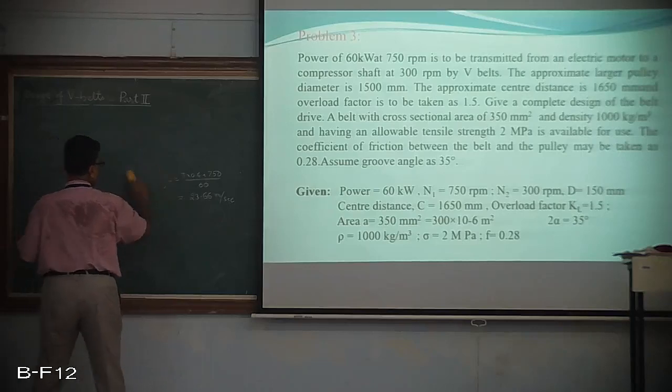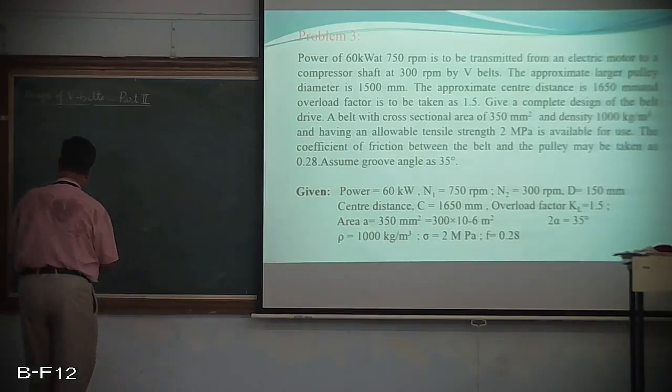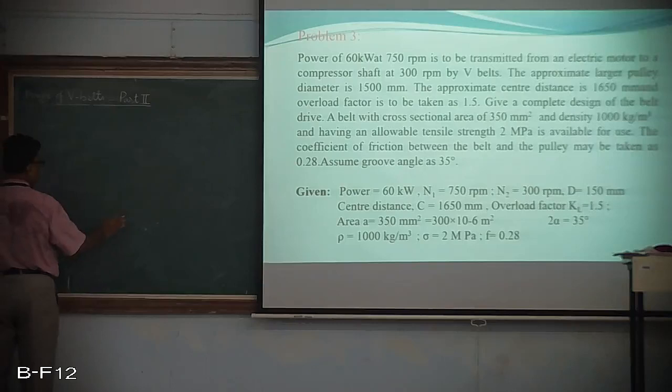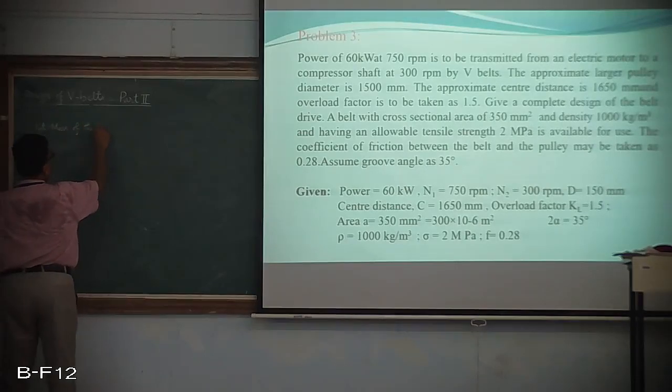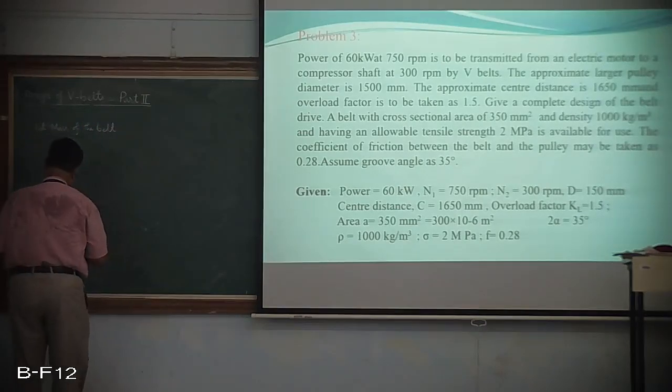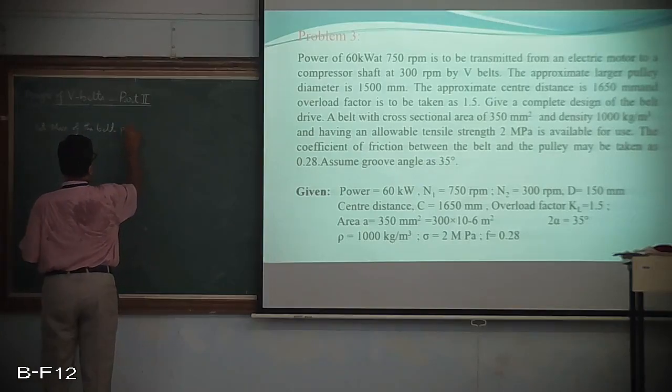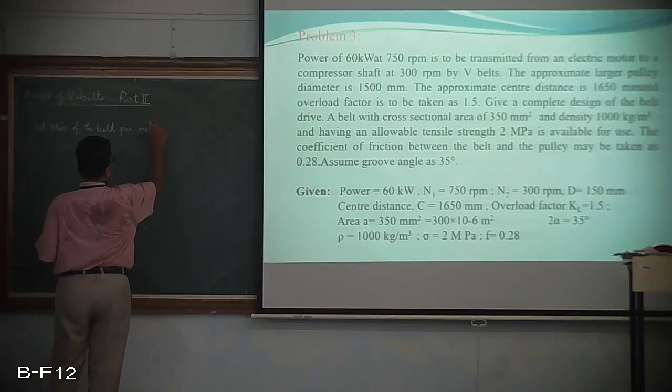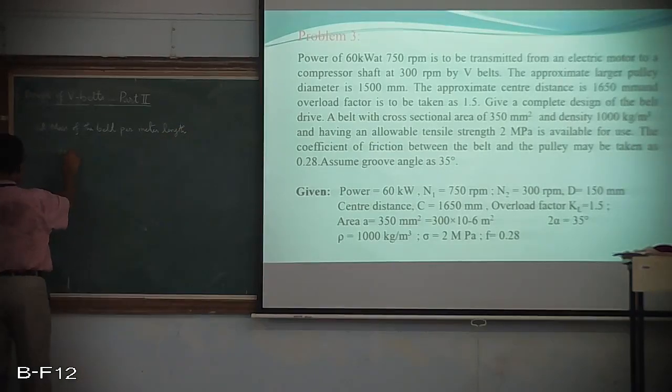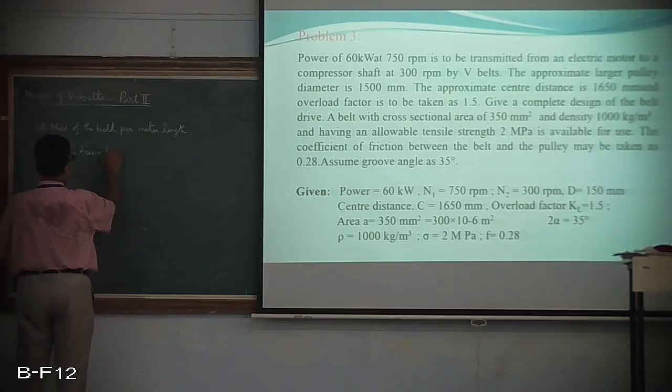Next, once we have found that, let us find out the mass of the belt per meter length. It is designated as small m, and this is given by area into length into density.